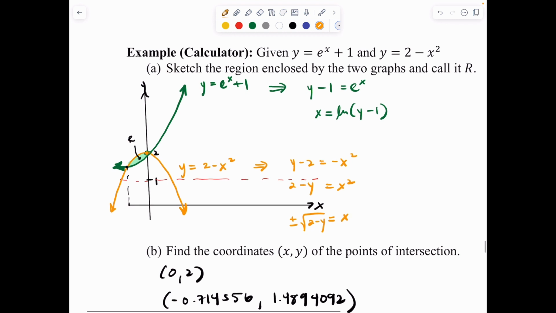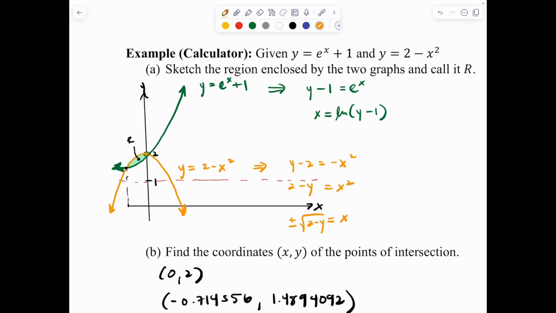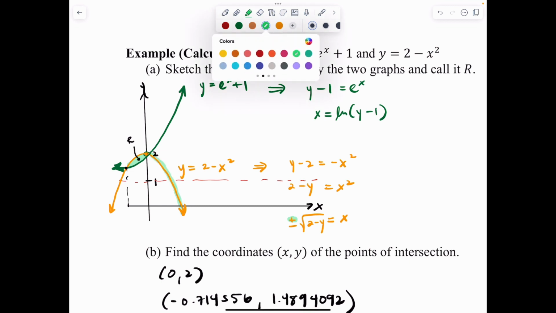Well, whenever we do that, the positive square root of 2 minus y would end up corresponding to positive x values, right? And the negative would correspond to the negative x values, which would be that side of the parabola, the left side of the parabola.